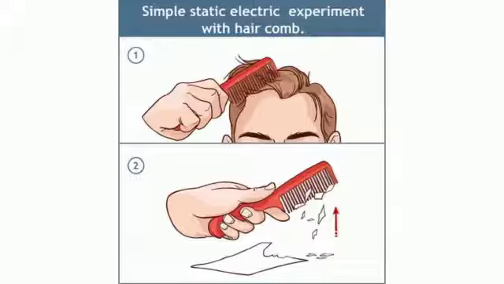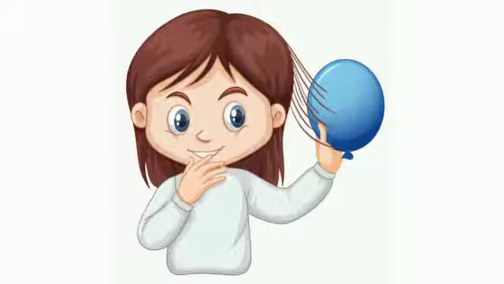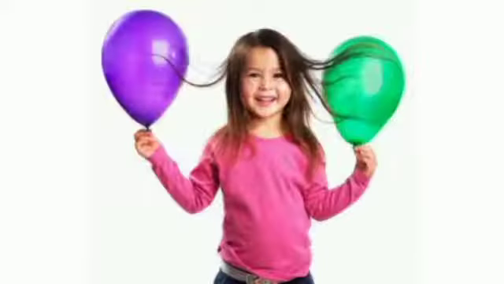A charged object can attract an uncharged object. So, my dear students, when electrical charges gather or build up at one place, it is called static buildup of charges or static electricity. When a charged object comes close to a neutral object, there is a static buildup of charges on the neutral object.